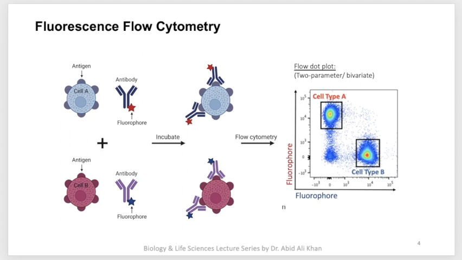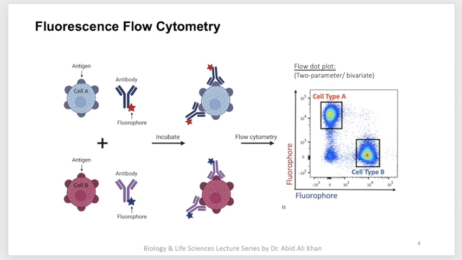And what we will do is run them, and let's suppose these two dyes are both excited by a red laser. We will use a red laser in the flow cytometer analysis, and we will plot in a way that, in this case, you can see on the x-axis we have plotted the emission. It's very important to understand: the excitation would be the red laser itself.